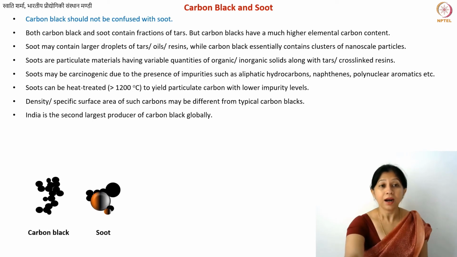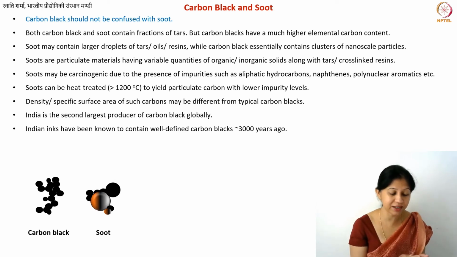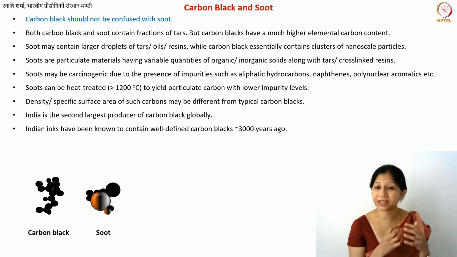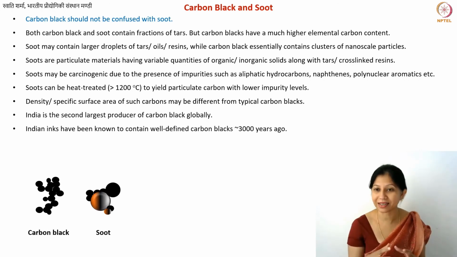Okay. So this is coming to a completely different topic. I told you before that India is one of the largest producers of carbon black. What is also interesting is that the history of carbon black has a lot to do with India, because one of the first inks in the world was developed here. In India, we don't know when printing or large scale writing started.